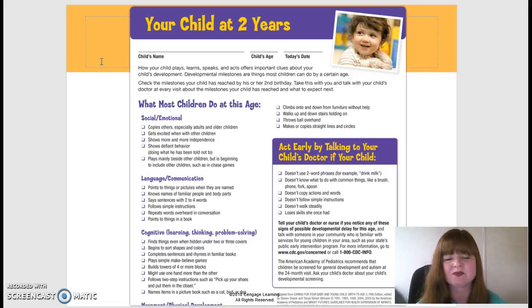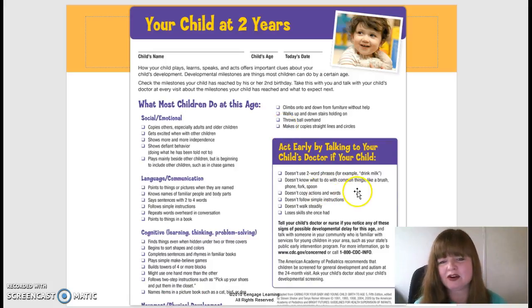That's fine too. Up here we've got the child's name, child's age, the date, a little bit about this age group. And then we've got a checklist of what we might see with this age group: socially and emotionally, language and communication, cognitive, how they're learning, how they're problem solving, and then lastly a little bit about movement and physical development.